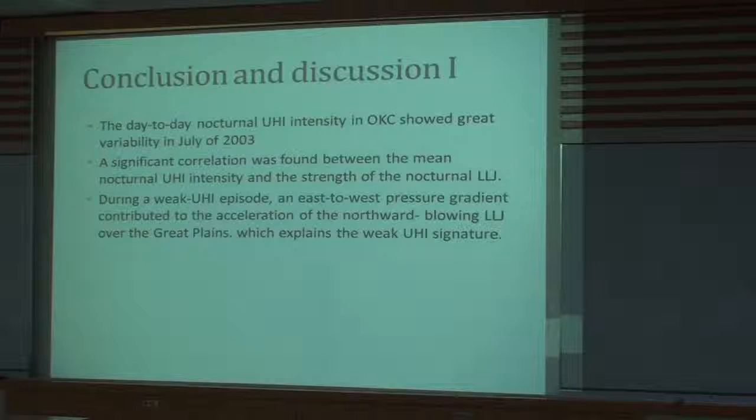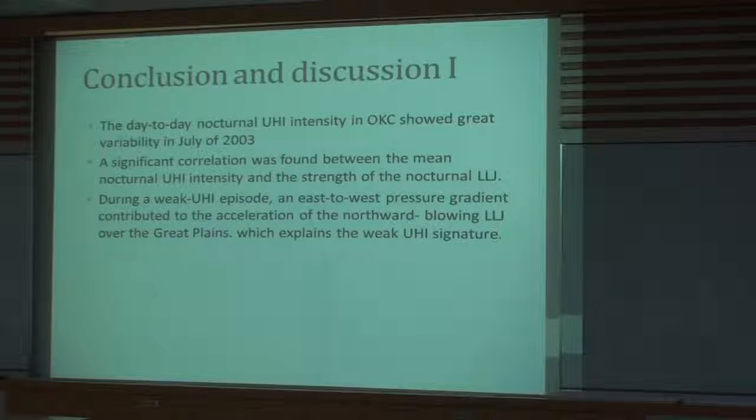From this paper, they show that day-to-day natural UHI intensity in Oklahoma shows great variability in July of 2003. A significant correlation was found between the mean UHI intensity and the strength of the low-level jets.